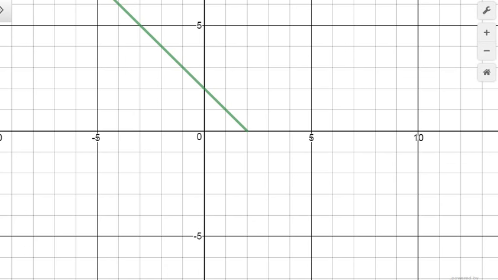So switching back over to Desmos, what's the relationship between the graph of a function and the graph of its inverse? Mirror image over the line y equals x. So these 2 points are both actually going to be on the graph of our inverse. They're just going to be flipped around.